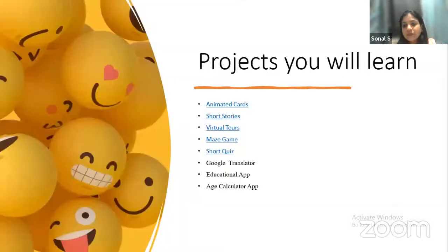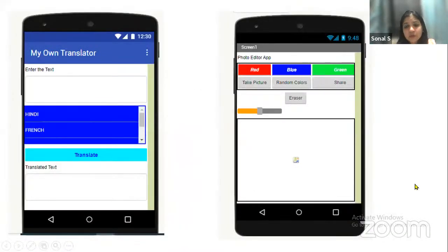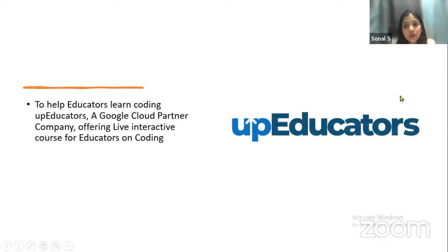As I showed you a few of the things, you can create your own photo editor. I just showed you a few things, but actually you can make many amazing applications using MIT App Inventor. Trust me, there are so many different ones. Even my children have made some based on their creativity, and it was really awesome. So definitely you all can think of many amazing lessons that we can do.